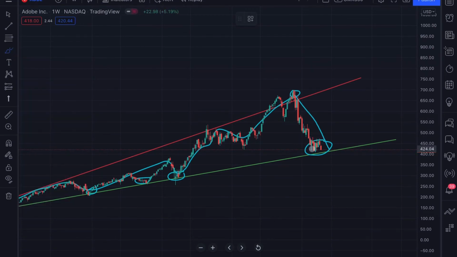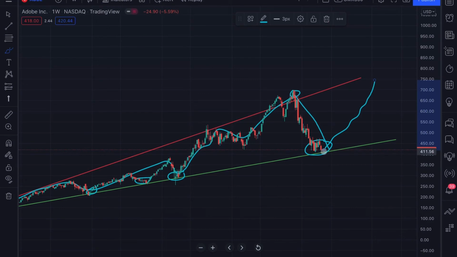And we can see, if we take a closer look, that we are more or less consolidating, meaning that the market doesn't know whether it will go up or down. But I believe going forward that we will see the stock price increase and continue the trend upwards, to the resistance area right here. But as I mentioned, this will take a couple of years.